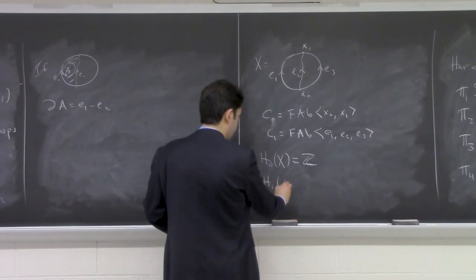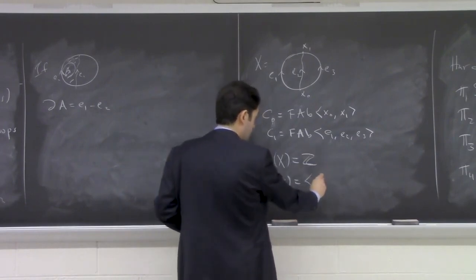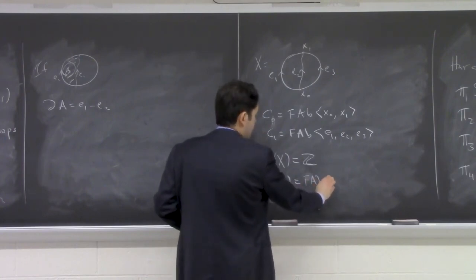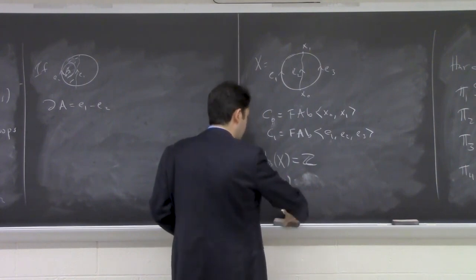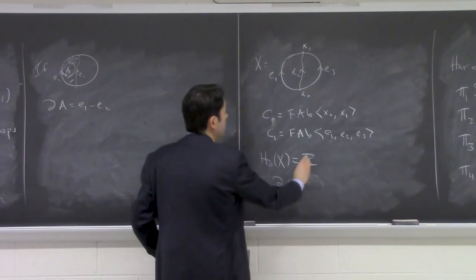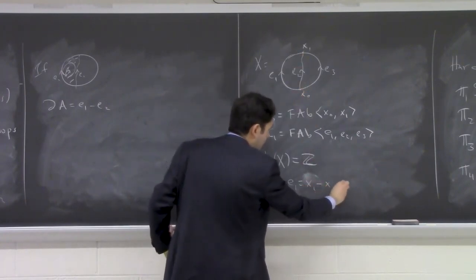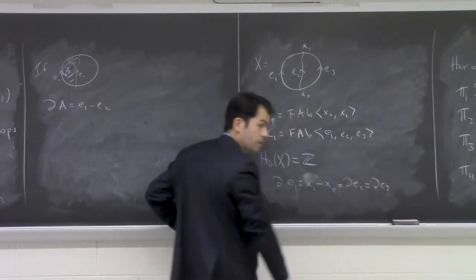H1 would be this free abelian... let's look at H1. The boundary of E1 is x1 minus x0. And that's also the boundary of E2 and the boundary of E3.